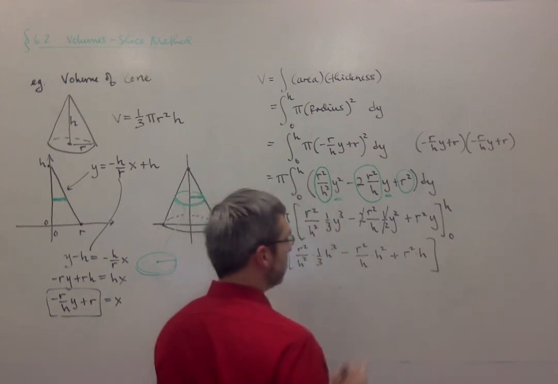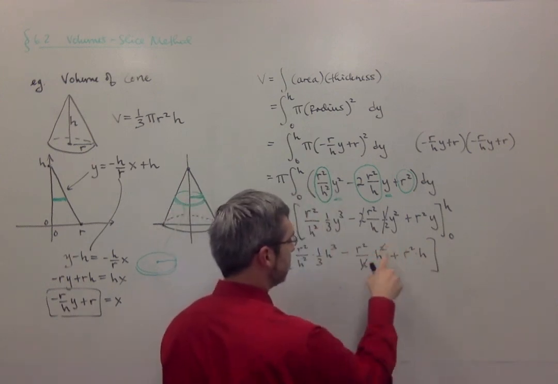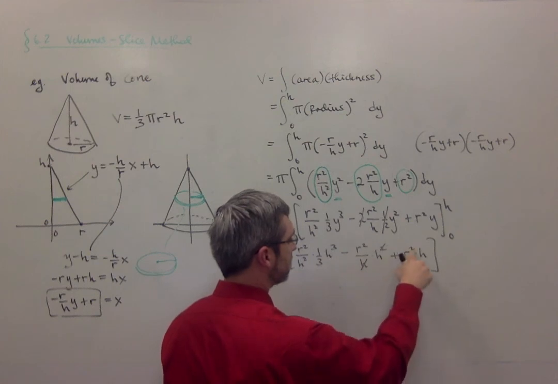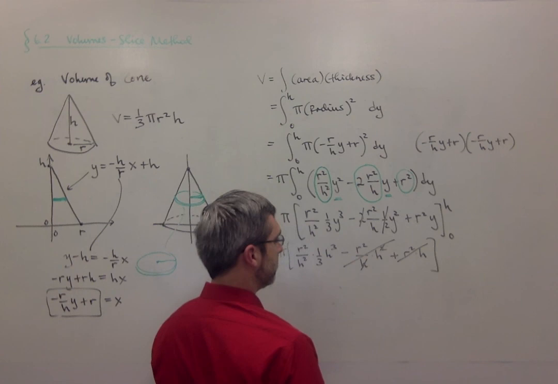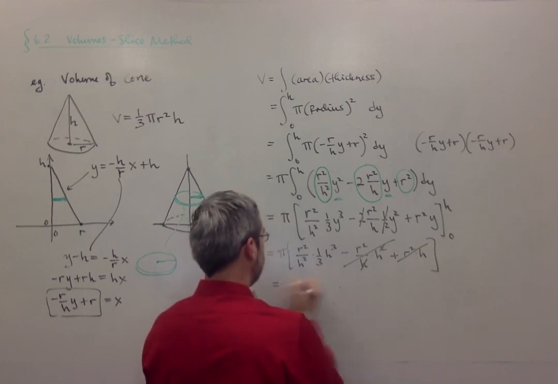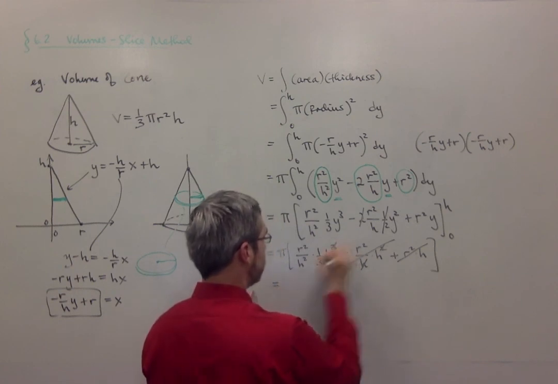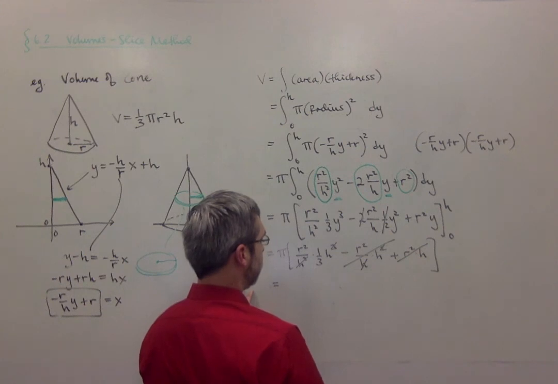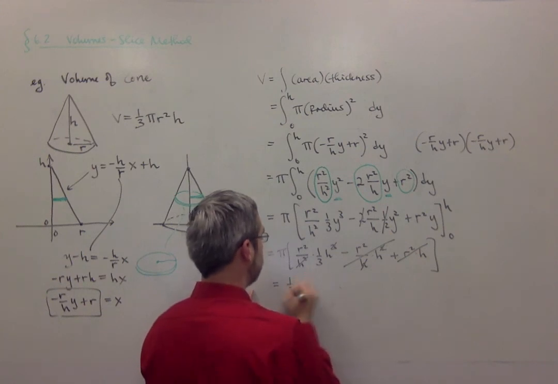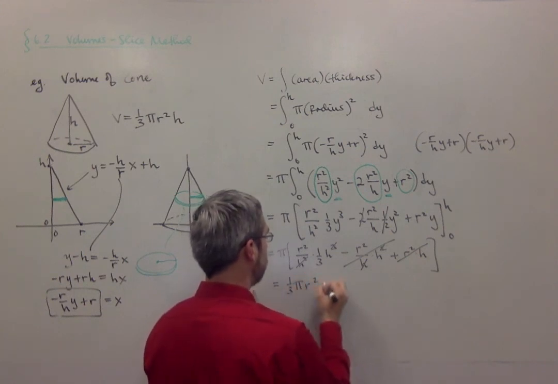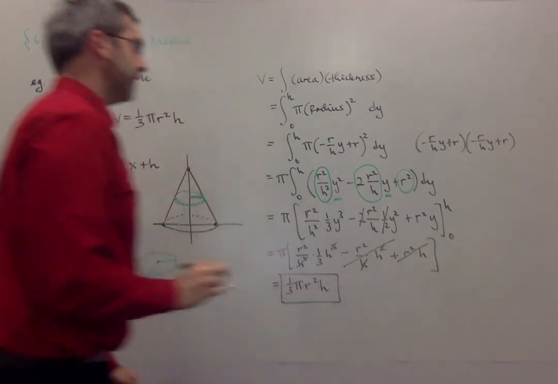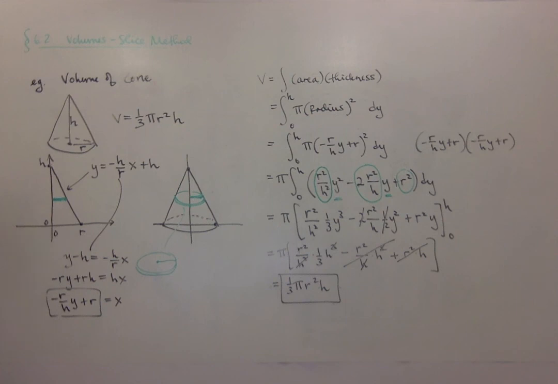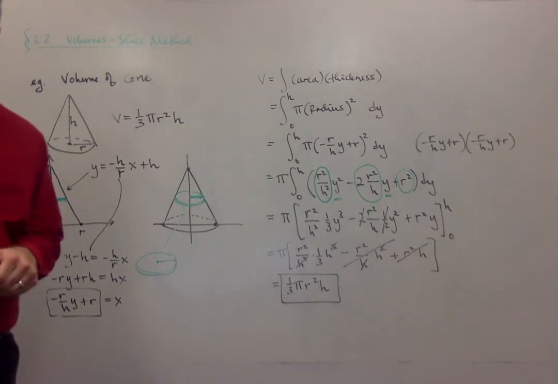Well, one thing that you'll notice is that the h and an h cancel here, and I've got an r squared h and a negative r squared h. So these actually go away. And I've got 3 h's here and 2 down here, so those cancel, and what I end up getting is 1/3 pi radius squared times my height. Lo and behold, that is the volume of a cone. All right?